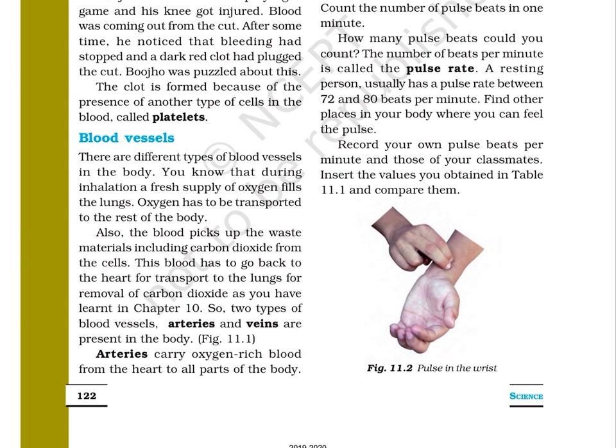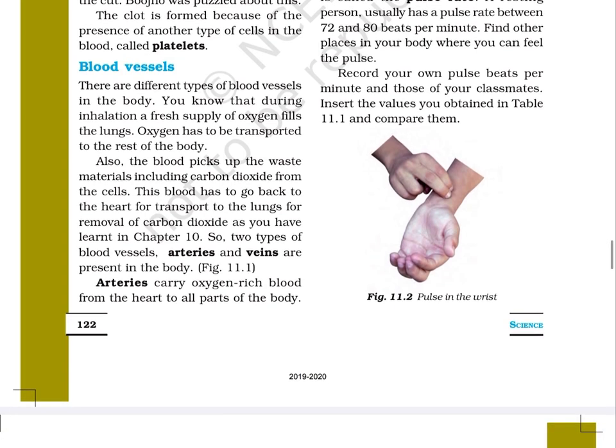The blood has to go back to the heart for transport to the lungs for removal of carbon dioxide, as you have learned in Chapter 10. So, two types of blood vessels, arteries and veins, are present in the body.